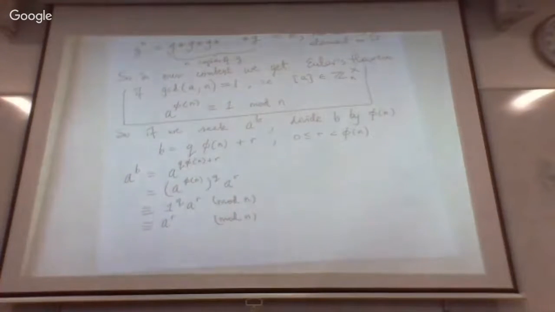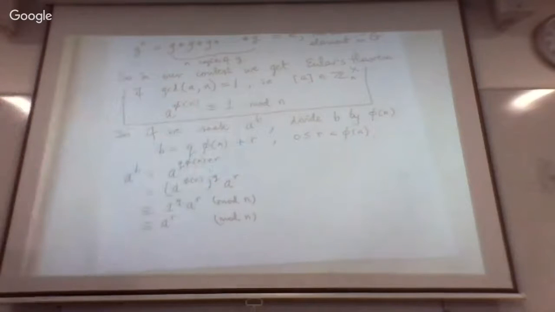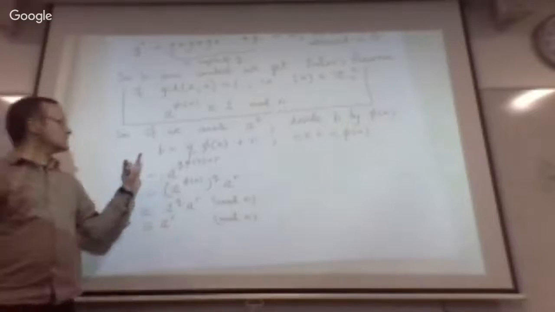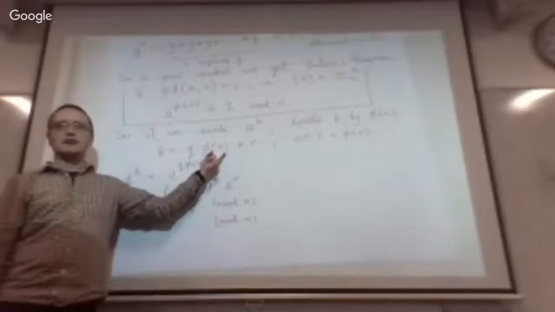So no matter how large the initial exponent b might be, if I know phi of n, if I know the size of this multiplicative group under multiplication modulo n, I can basically shrink down this large exponent and just deal with the remainder left after I integer divide it by phi of n, okay?